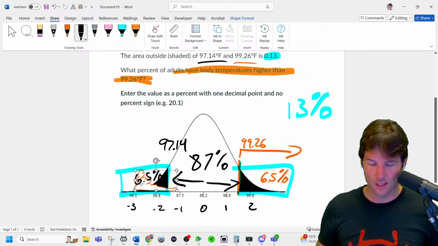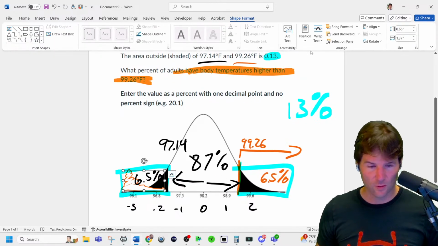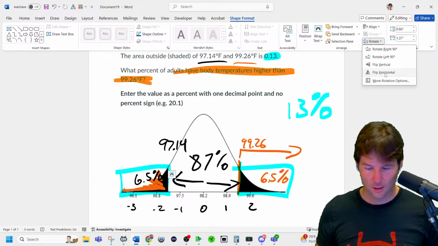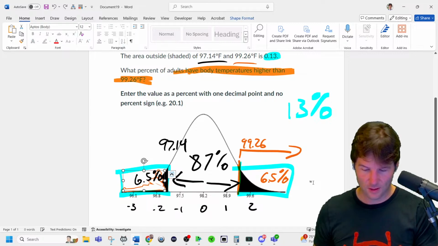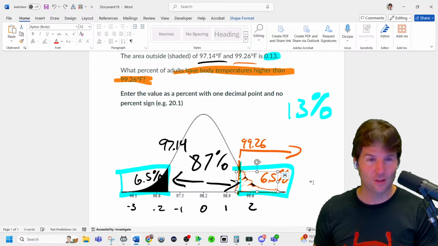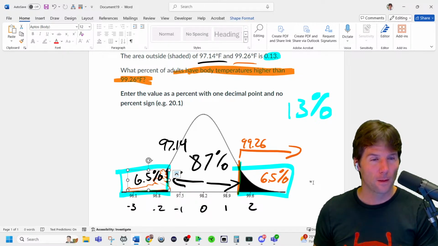Because if you look over here, we could take this and bring this over here and show it's the exact same size. So we do a little rotate, and you notice how it's the same size right here? So you see how this is the same size over here as that? Exactly. Nice job. People are seeing it. Does that make sense? See how it's the same thing? The total is 13%.